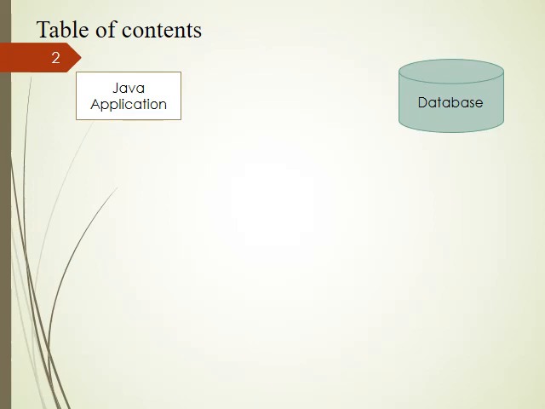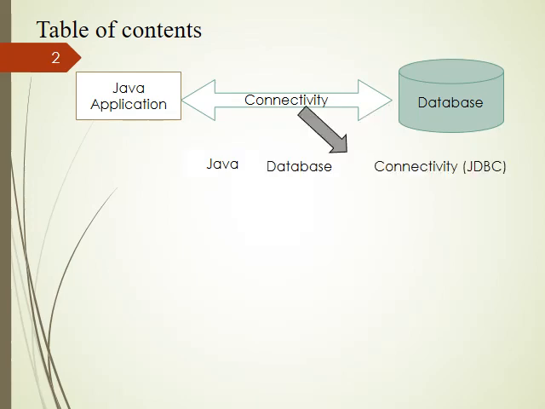Now, this Java application needs to connect to the database. How to connect it? We need some kind of connectivity. When you connect the Java application to the database, it has connectivity, and putting everything together, we call that Java Database Connectivity, JDBC.